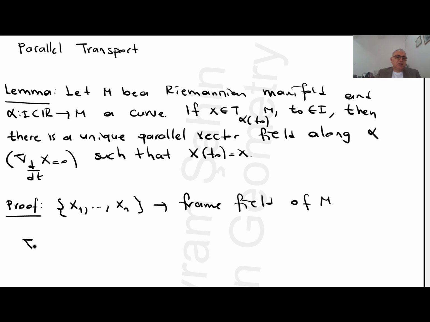So we denote D/dt x_i as the sum over j from 1 to n of a_ij x_j, where a_ij are differentiable functions.